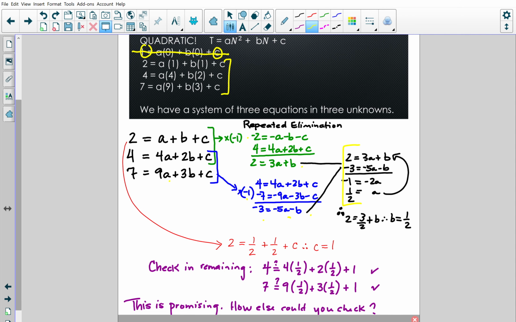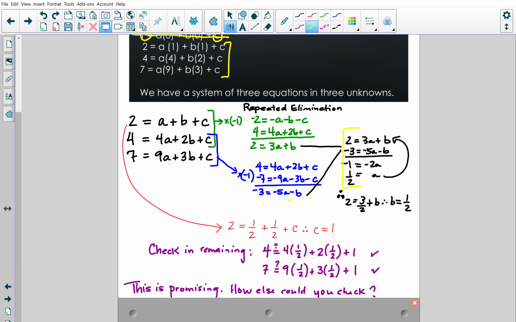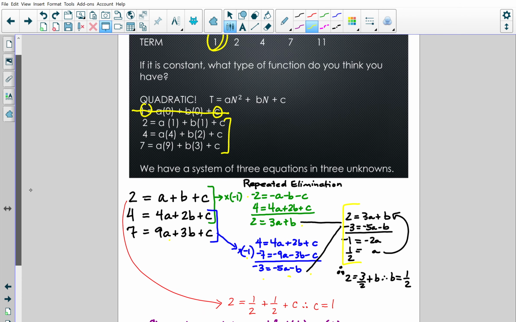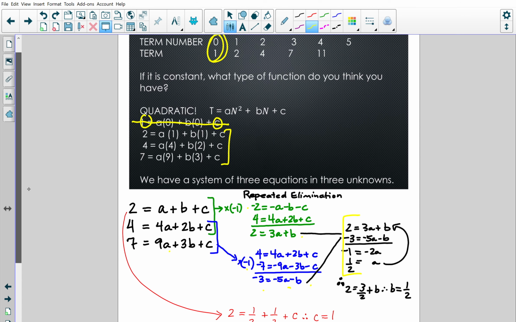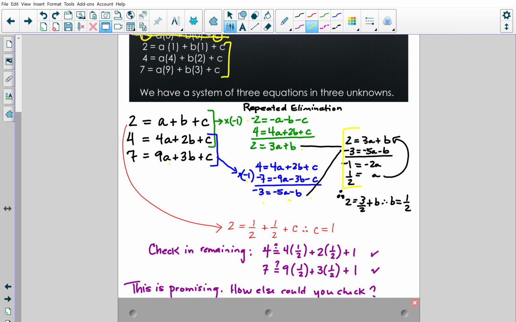Okay? How else can you check? Hopefully you thought about making a graph. So you could take those points, you could plot them and run the function through it.